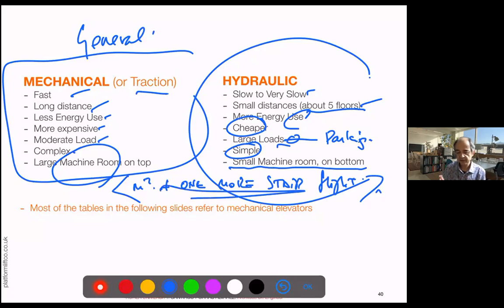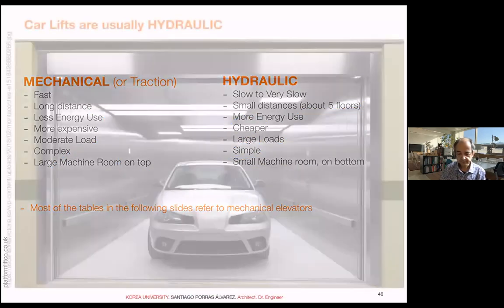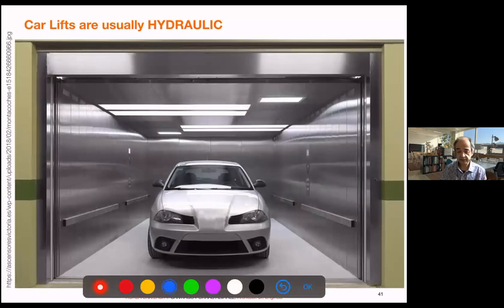So that also saves additional money. And as I said, most car lifts, and that may apply also for large cars, are hydraulic. If you have experience, you'll notice they are quite slow, right? That's not because of the load, it's because of the limitations of the system.